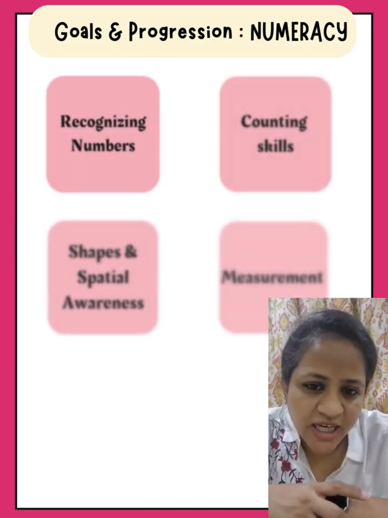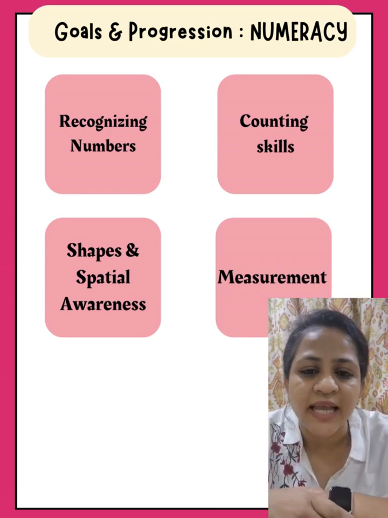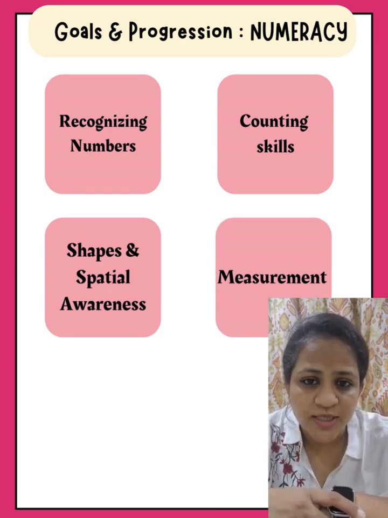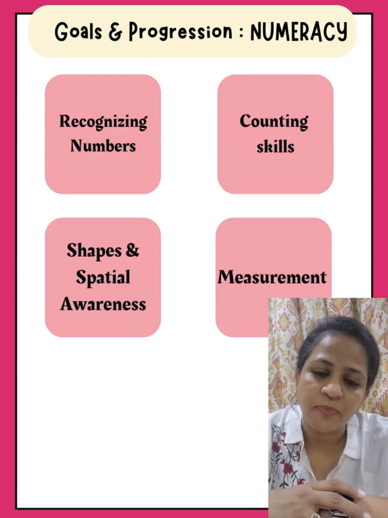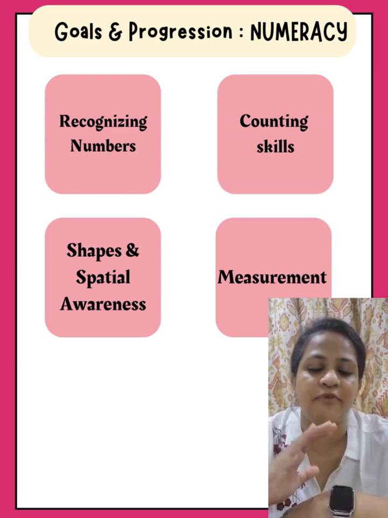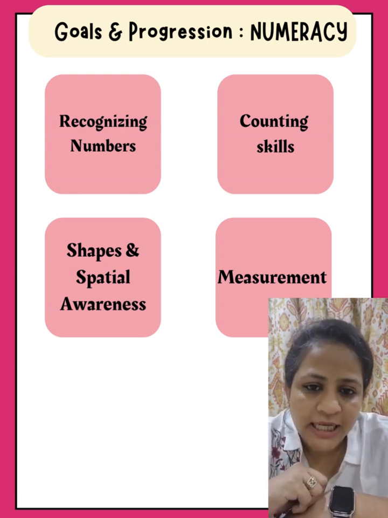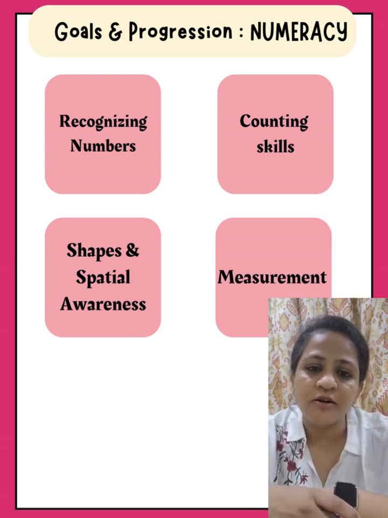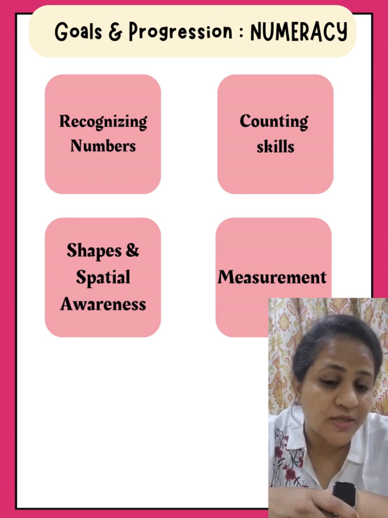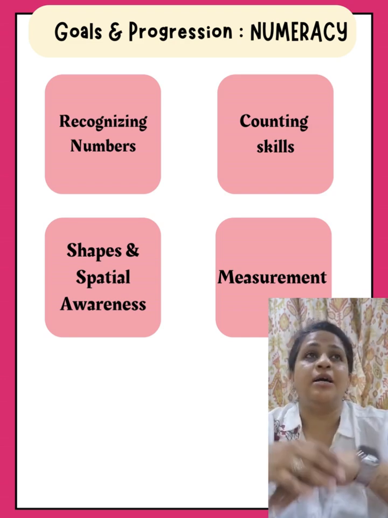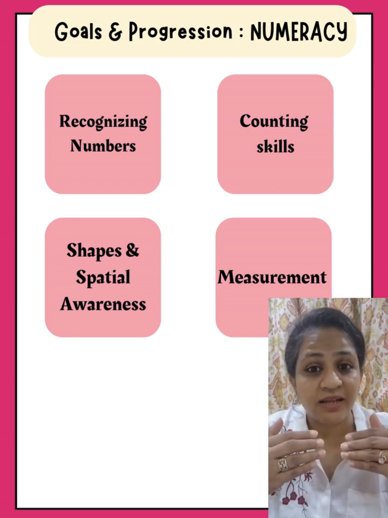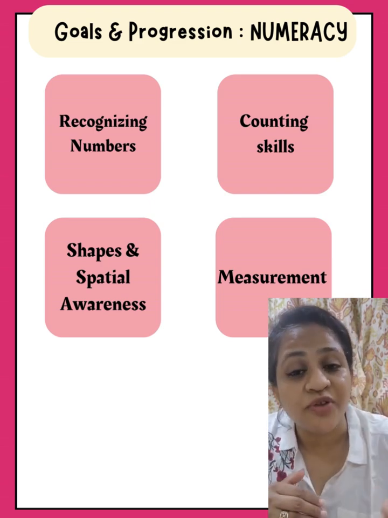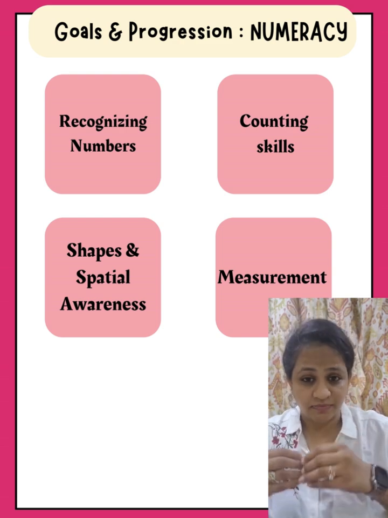Now moving ahead, we are going to the second domain, which is numeracy. In numeracy for play school, the first goal is of course number recognition, where they will be introduced to the numbers at least from 1 to 10. The goal is for them to recognize these numbers.